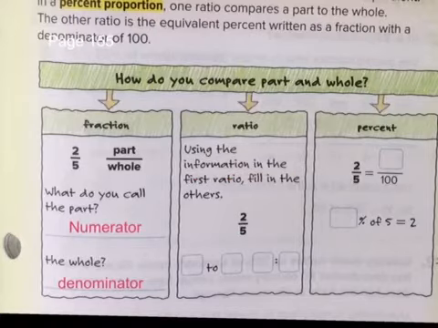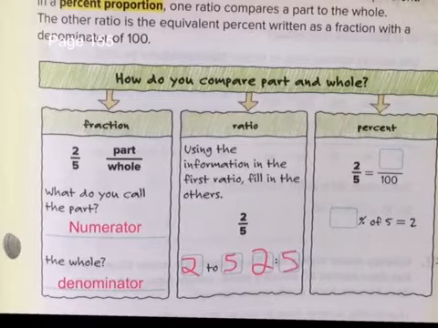So using the information in the first ratio, fill in the others. So this could be 2 to 5. We won 2 games and we lost 5 games, we could say, and the ratio would be 2 to 5. And how do we do this as a percent? Well, as a percent, we have 2 out of 5. Convert it out of 100.